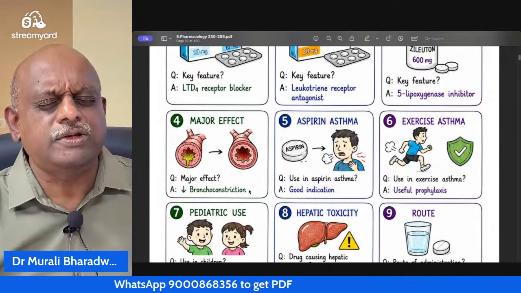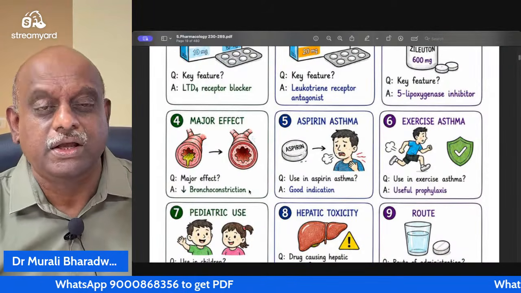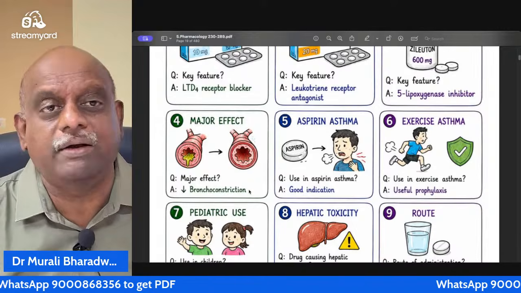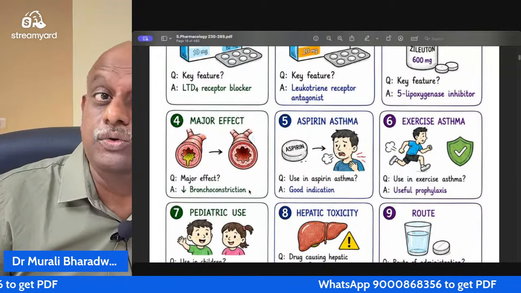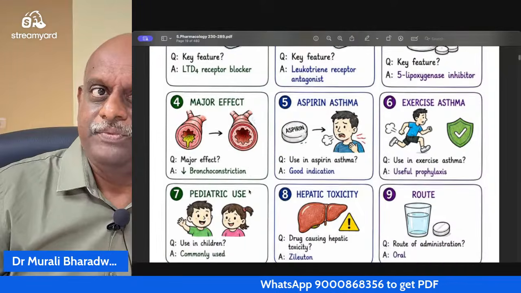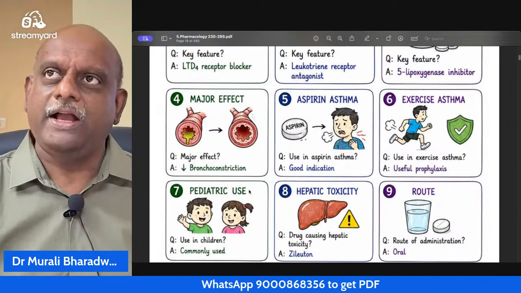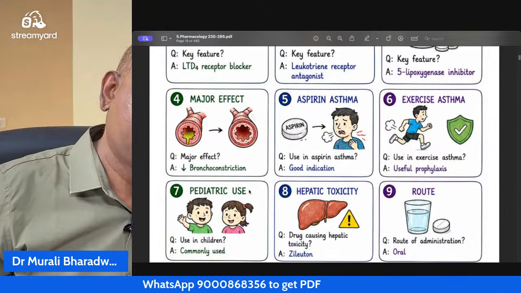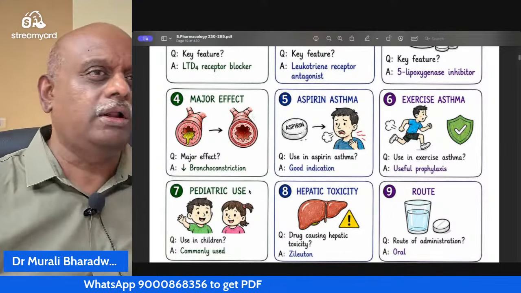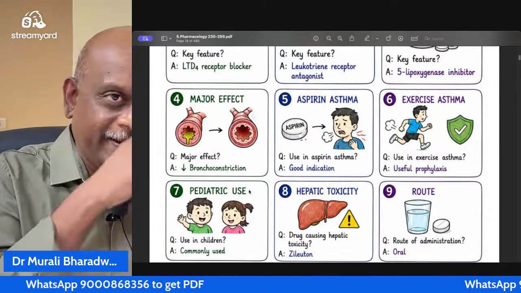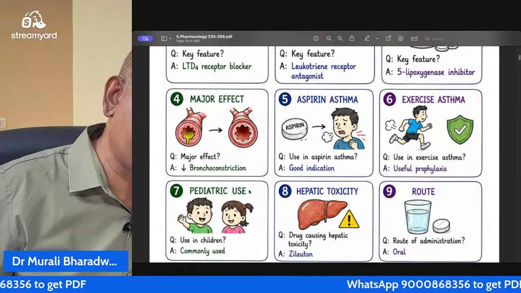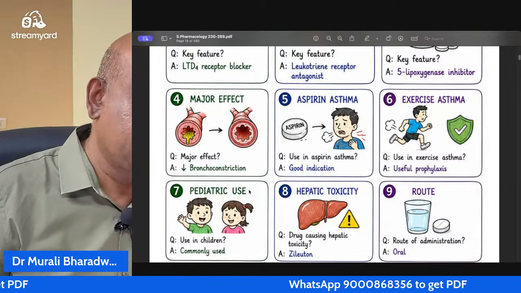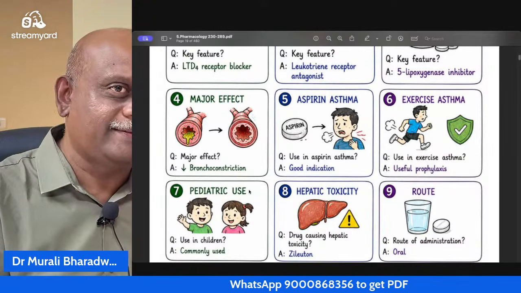So what is the special place where these leukotriene antagonists have a role, doctor? Especially in aspirin-induced asthma. If you give aspirin, aspirin inhibits cyclooxygenase, and all the precursors, the eicosanoids, will move towards the lipoxygenase pathway, which produces leukotrienes.